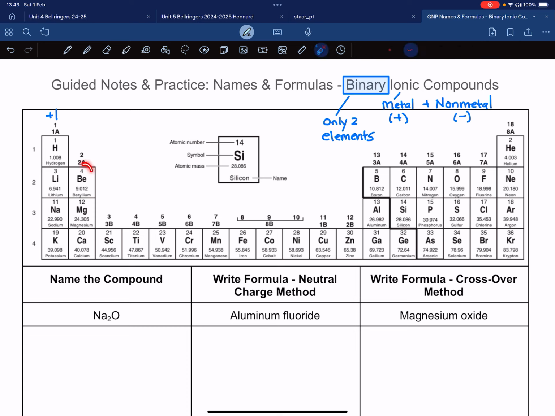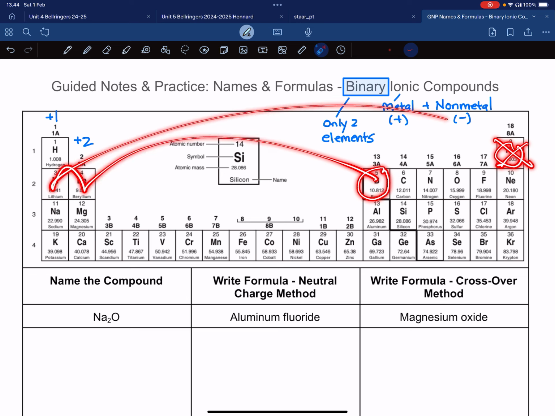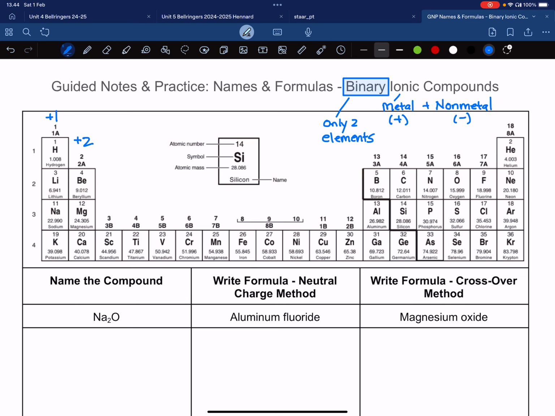Beryllium, closest noble gas, helium, loses 2 electrons, charge positive 2. Boron, closest noble gas helium, loses 1, 2, 3, positive 3 charge.